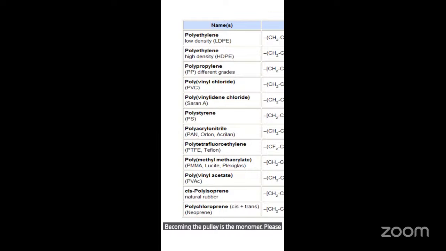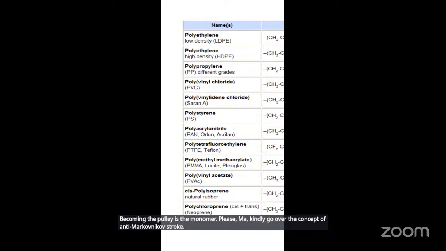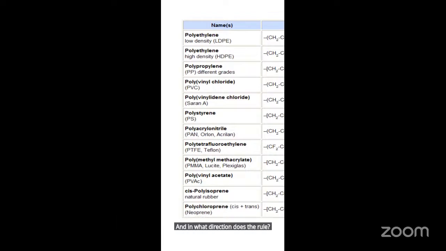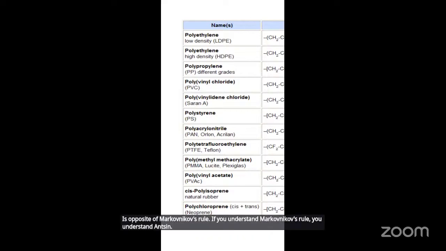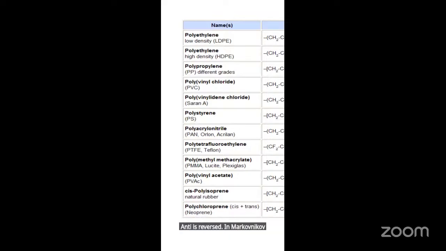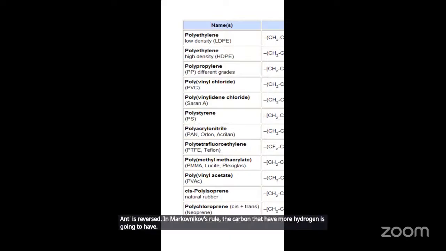Please, ma, can you go over the concept of anti-Markovnikov's rule, and in what reaction does the rule apply? I've said it, anti-Markovnikov's rule is opposite of Markovnikov's rule. If you understand Markovnikov's rule, you understand anti. Anti is reverse. In Markovnikov's rule, the carbon that has more hydrogen is going to receive the hydrogen.